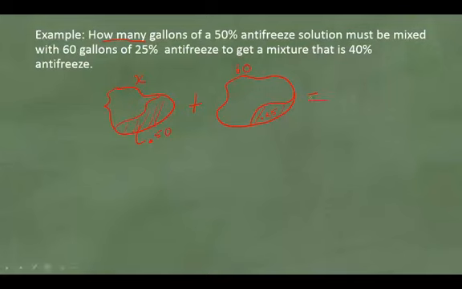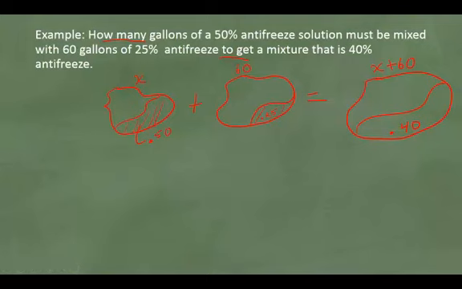To get, in other words, equal to a mixture that is 40% antifreeze. So this mixture will eventually be 0.40. We don't know how many gallons we need, but we know that X plus 60 is what we have in the end.